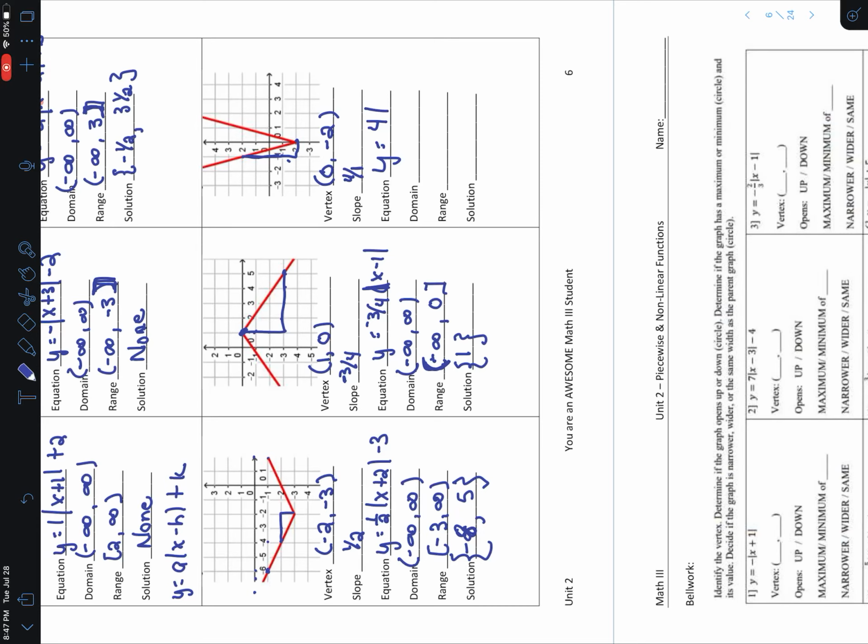My equation then is going to be y is equal to 4 absolute value of x minus 0, minus 2. Domain, range, we started at -2, so we go from -2 to infinity.